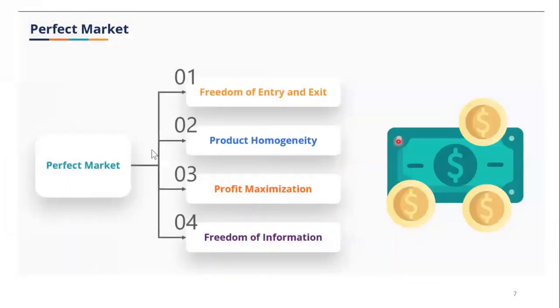It's almost considered to be a perfect market because it has all the characteristics that are involved in a perfect market. There is a freedom of entry and exit, so you can enter the market and exit at any time. There is product homogeneity. There is profit maximization. Depending on the capital that you have, you can make as much profit as possible. And there is also freedom of information.